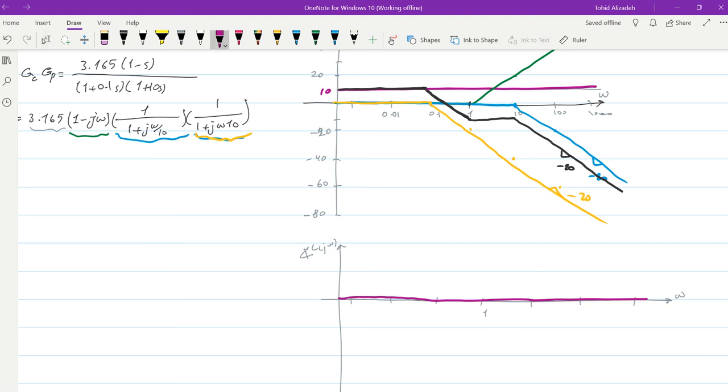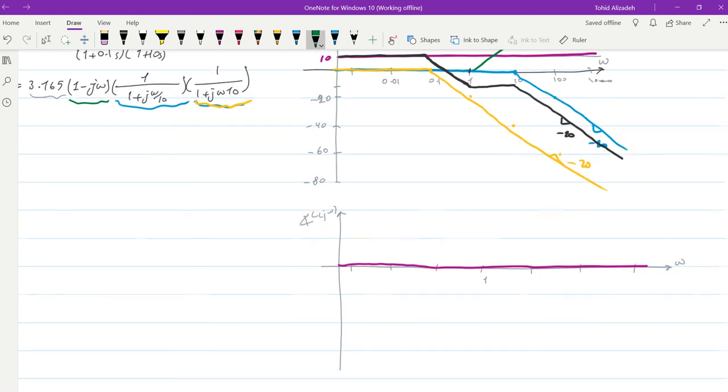Then for the second one, we have a zero which is on the right half plane, so the phase that we get from it will be equal to minus inverse tangent of omega. This will act similar to a pole at the same frequency on the left half side. So the phase at the corner frequency omega equal to 1 will be equal to minus 45 degrees, and at infinity it will be minus pi over 2.